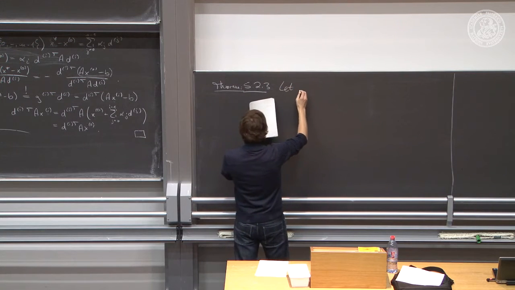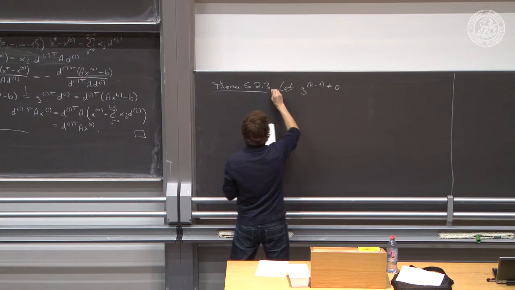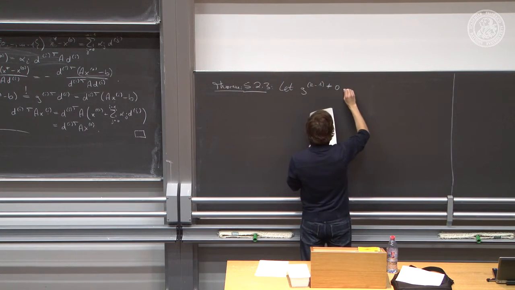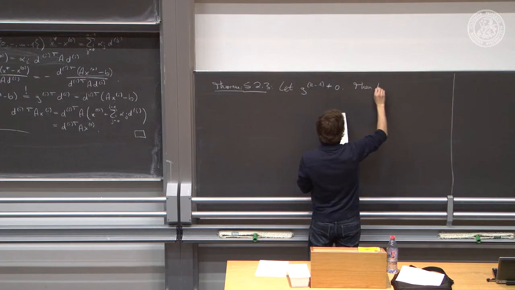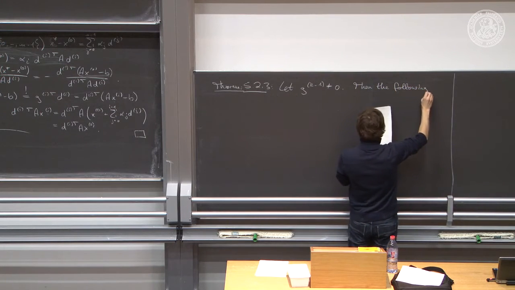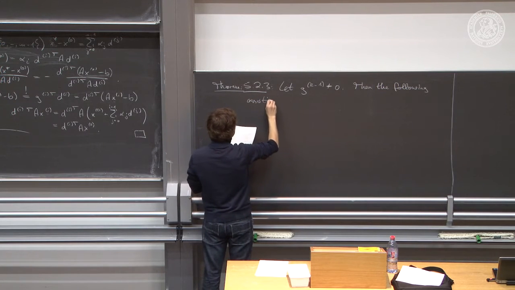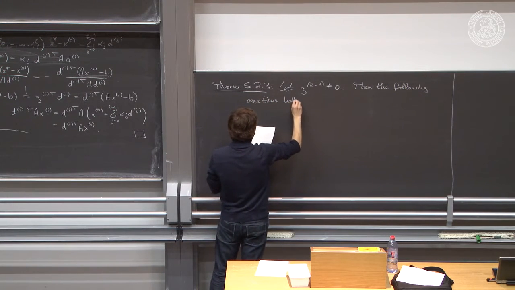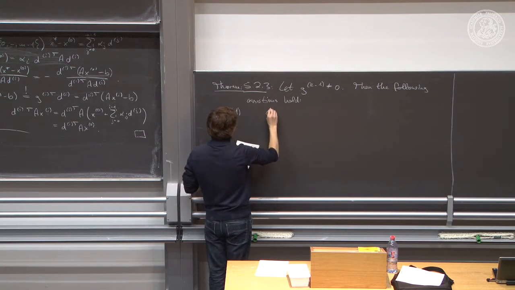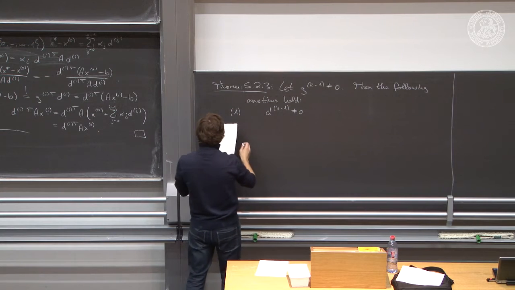So now let our gradient for the k minus 1 step be unequal to 0. Then the following assertions hold. The first is that the conjugate direction is then also unequal to 0.